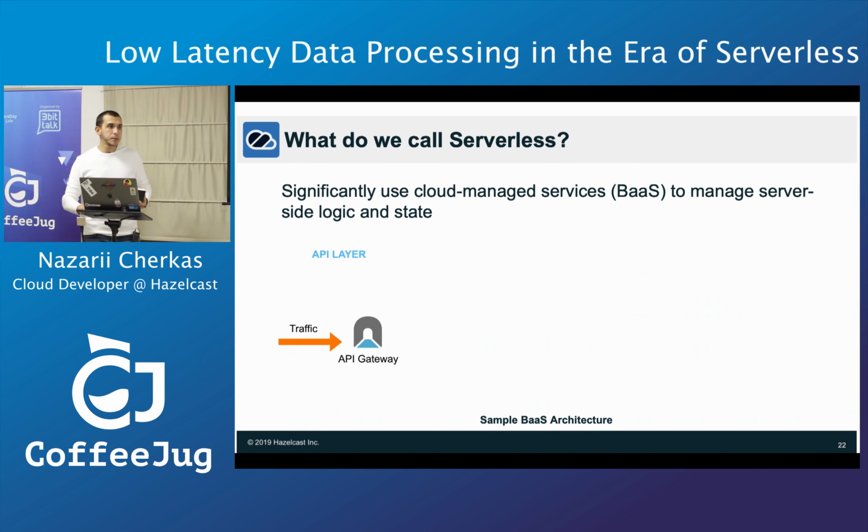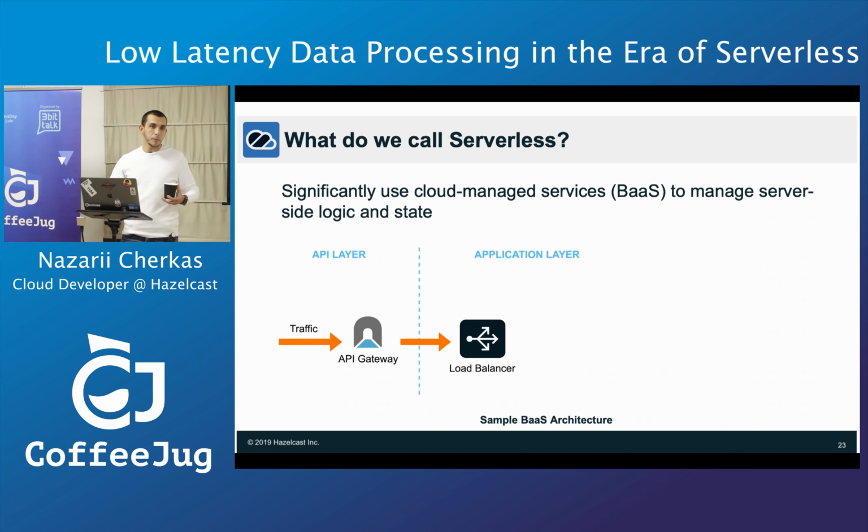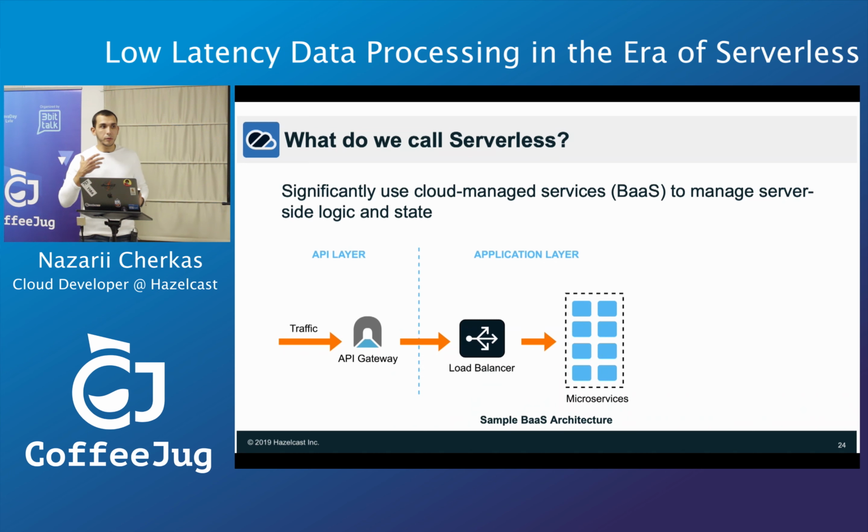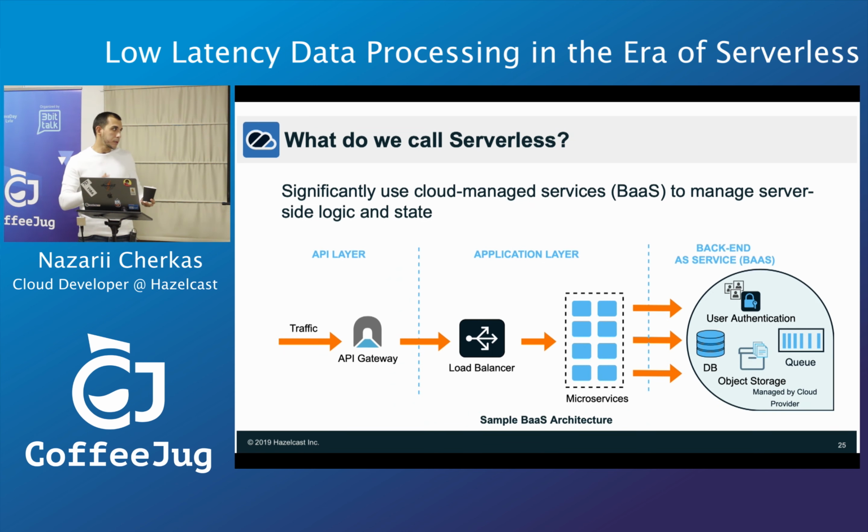So if you take some typical cloud application, which handles traffic coming over an API gateway, then distributes it using a load balancer among microservices, at the backend, instead of deploying your own database, queue, building your own authentication service, you use managed services provided by the cloud provider. You don't build and set them up by yourself. So we call this backend as a service.